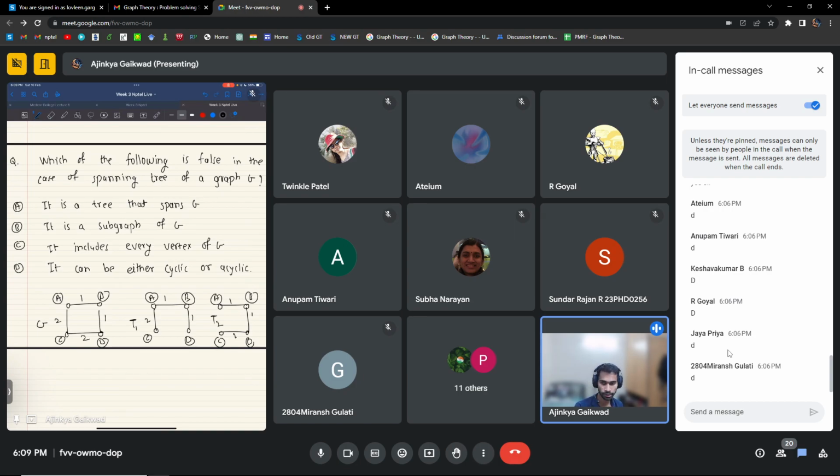First you can see that T1 and T2 are two different minimum spanning trees, because the tree T1 contains AC, which is missing in T2. T2 contains CD, which is missing in T1, right? So this is evidence that minimum spanning trees are not unique. And the answer to your question is also true.